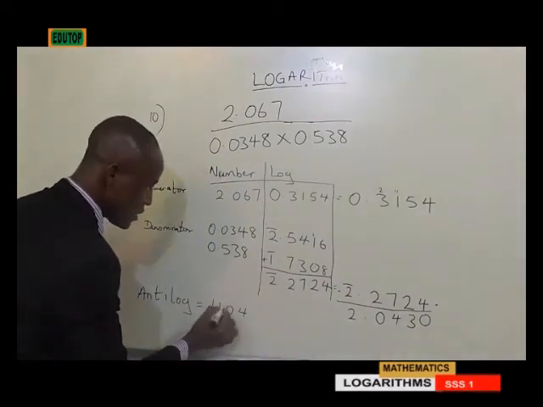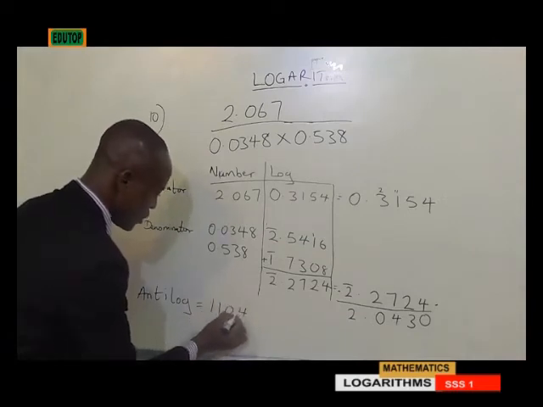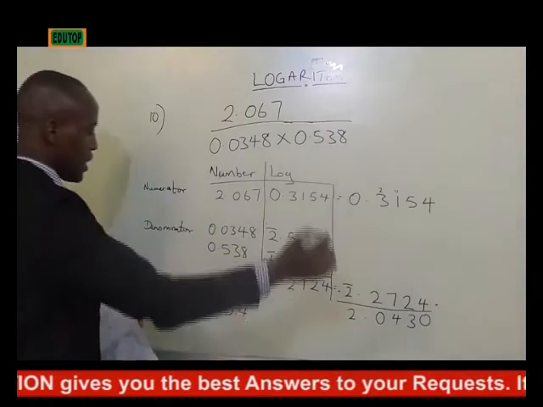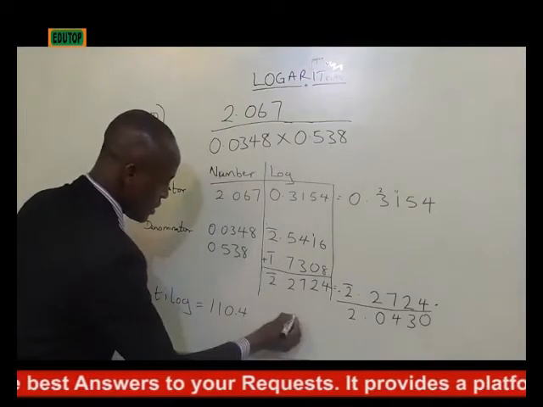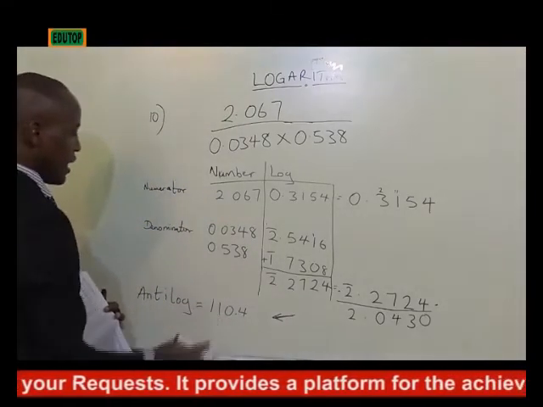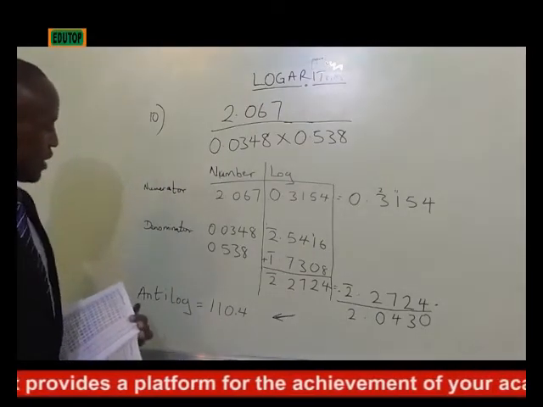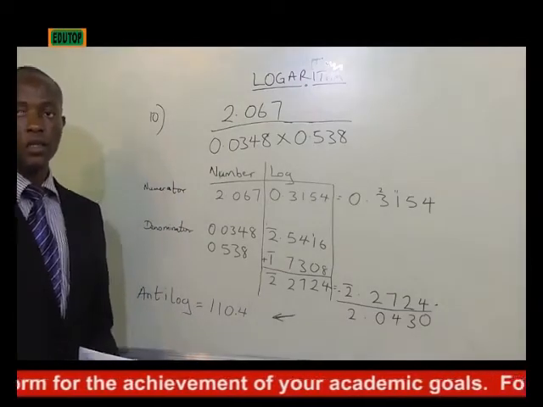That will shift our decimal point from here 1, 2, 3. We'll shift it to the right 3 times. Which means our final answer is 110.4.